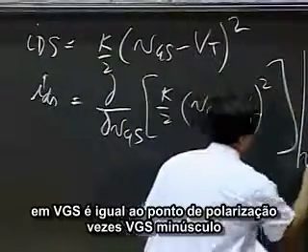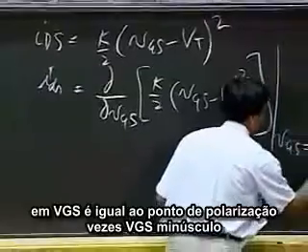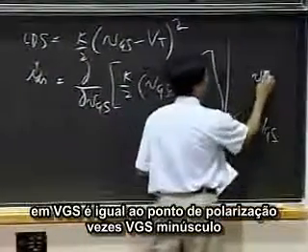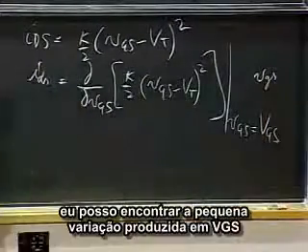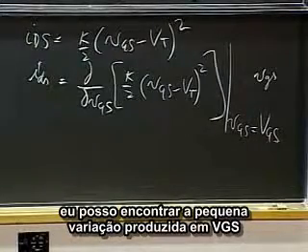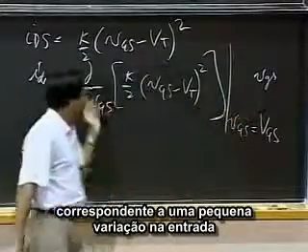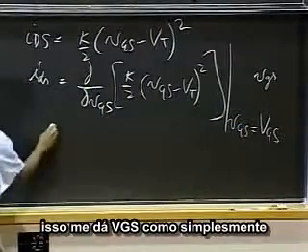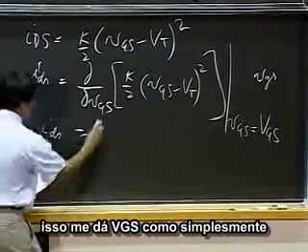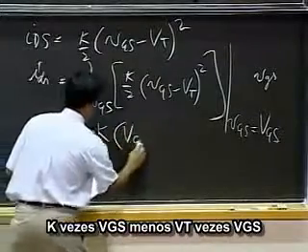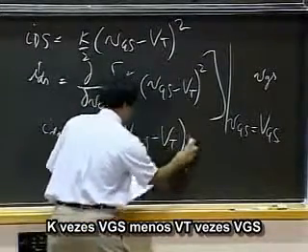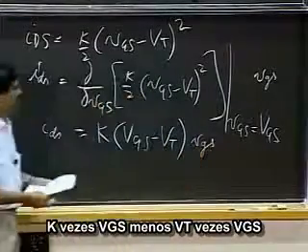So at VGS equals the bias point, times small VGS. Okay, so I can find the small change in IDS corresponding to a small change in the input using this expression. That gives me IDS is simply K times VGS minus VT times small VGS.